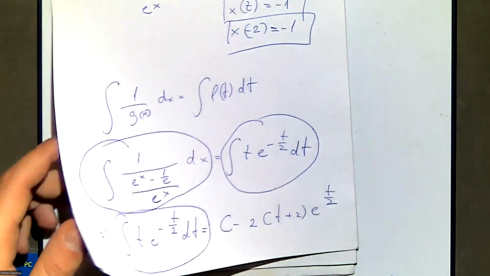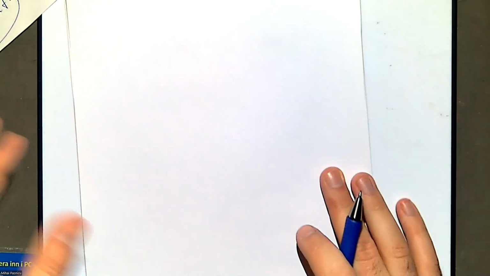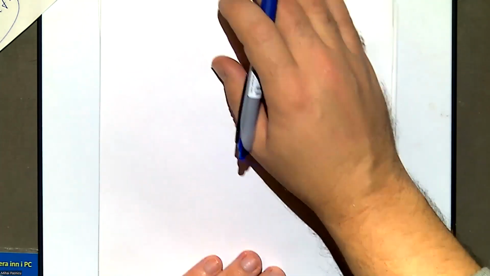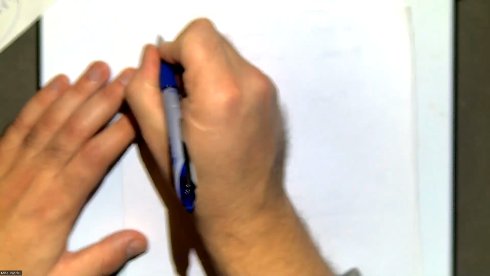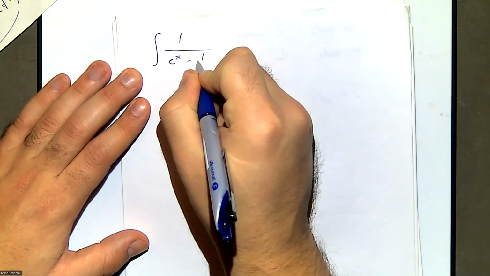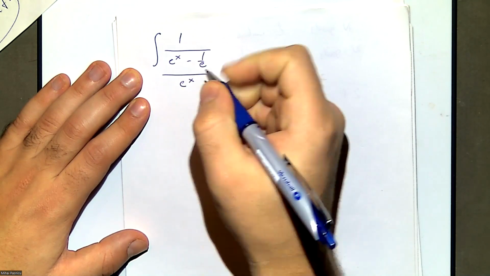So let's see if we can do something here. I have the integral of 1 over e to the x minus 1 over e to the x dx.